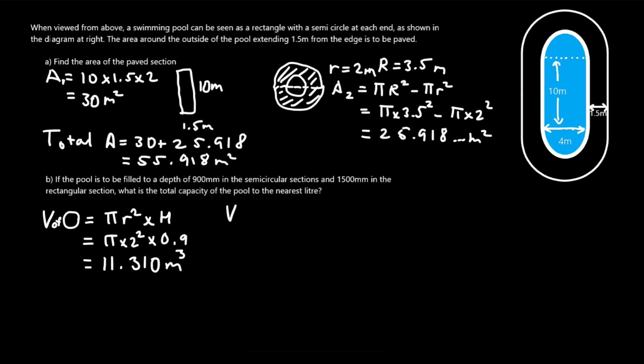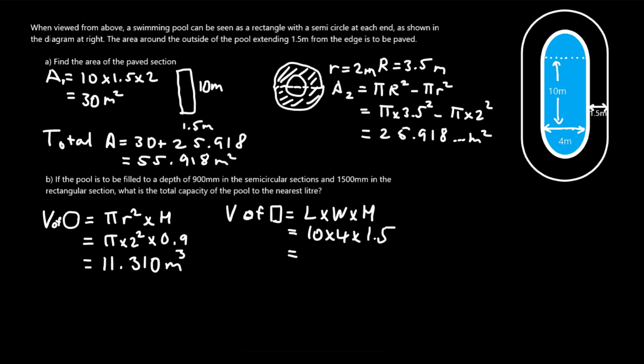Now, if we look at the rectangular section of the pool, the volume of the rectangular section, that'll just be length times width times height. And that's 10 times 4 times 1500 millimeters deep, and if we convert that to meters, that would just be 1.5 meters.